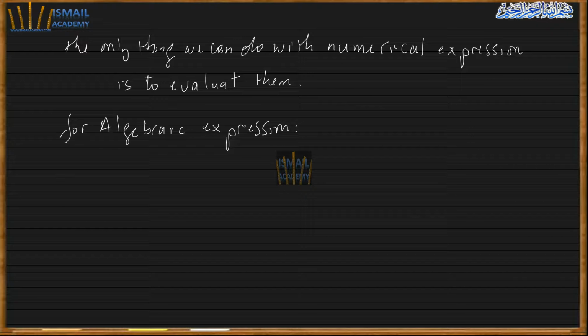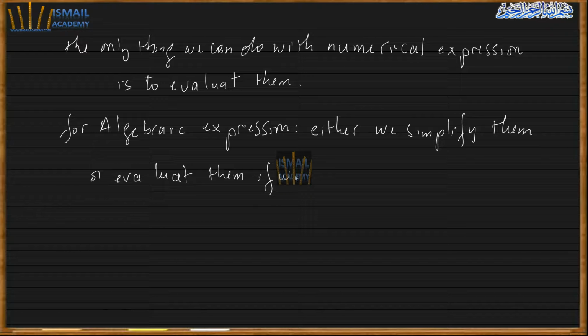Either we simplify them if it's possible, or we evaluate them if we know the value of the variable.